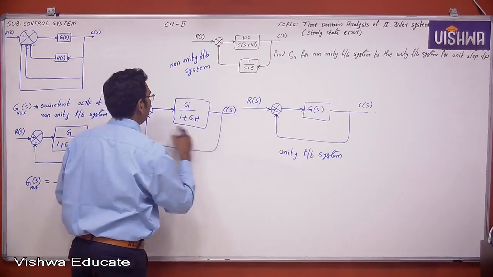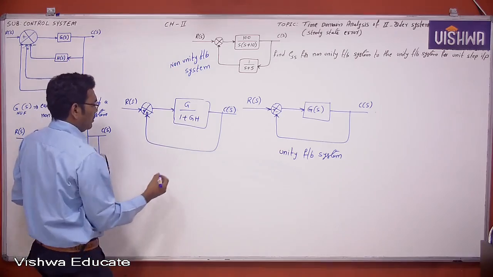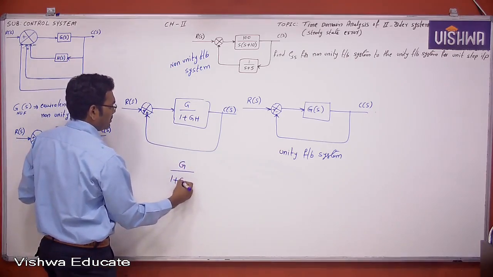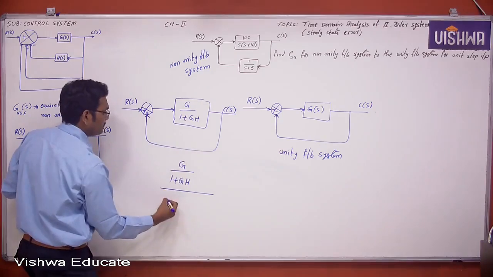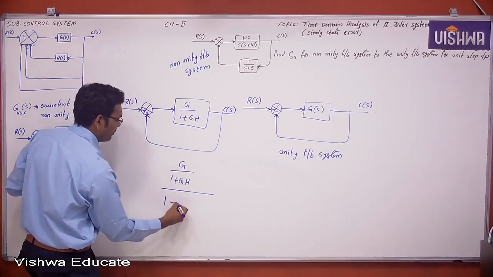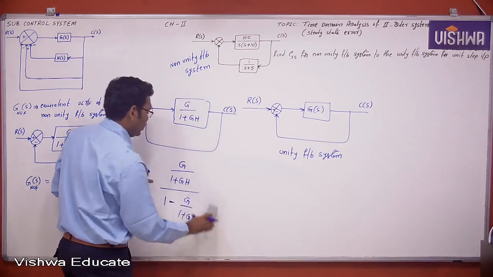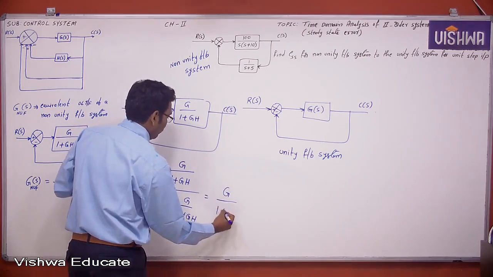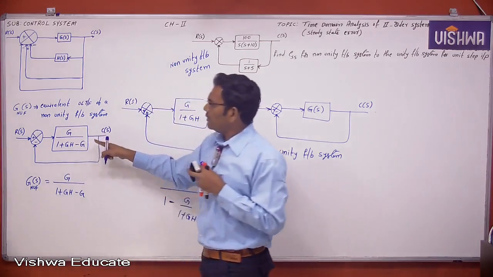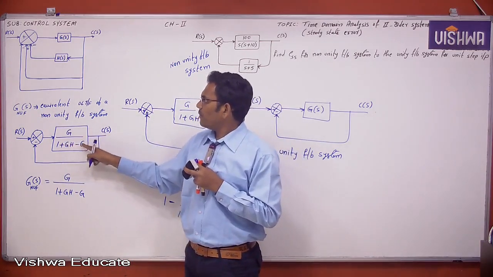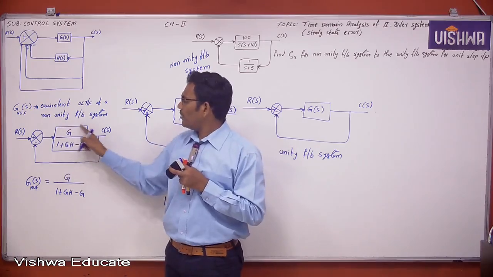So this is nothing but G by 1 plus GH, divided by, this is forward path positive feedback, therefore 1 minus G by 1 plus G into H. After simplification you get G by 1 plus GH minus G. This is the forward path and this is the unity feedback. Okay, understand now?